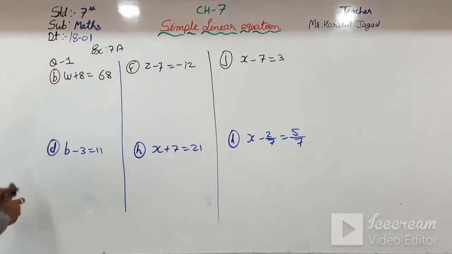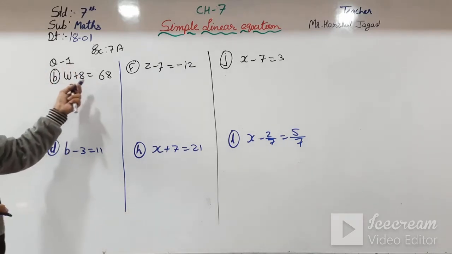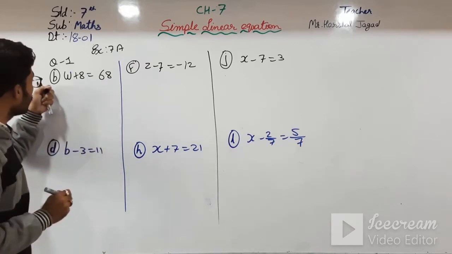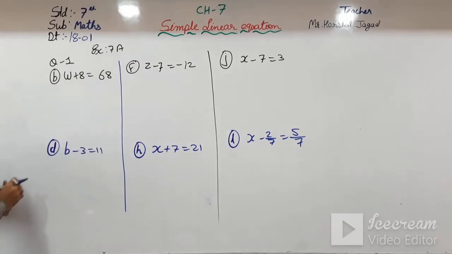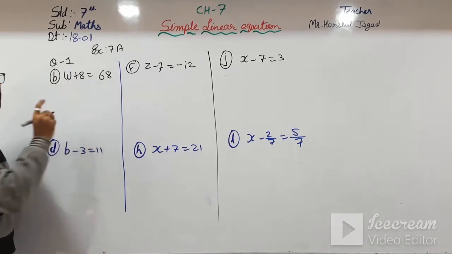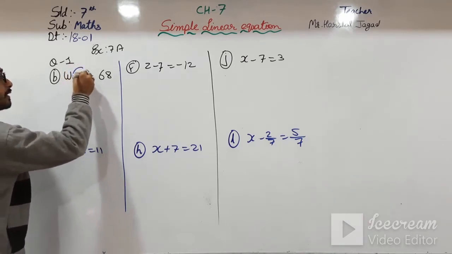Here you can see it is W. Okay students, W plus 8 is equal to 68. So we have to find the unknown value, that is W. As I had told earlier, if W plus 8 is equal to 68, then here the 8 is in addition.